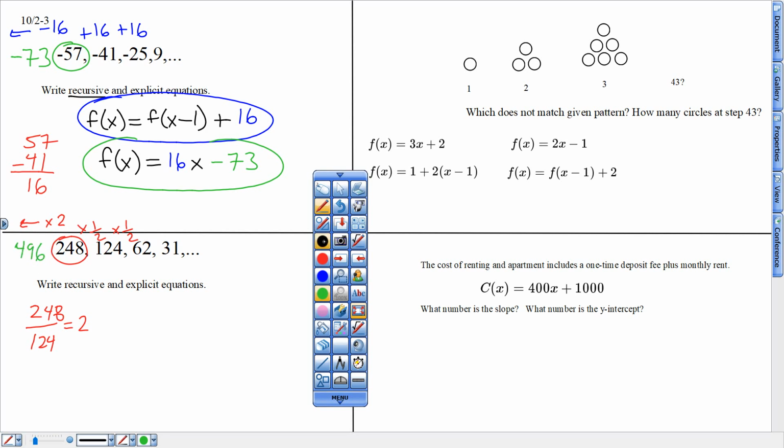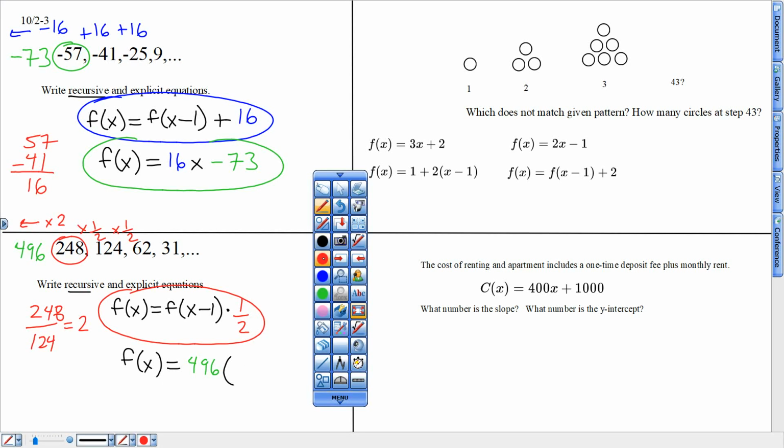So here we go. Recursive, f of x equals f of x minus 1 times that 1/2 right there. That's recursive. If I do explicit, I'm going to use that 496. I'm going to put in parentheses that 1/2, and I'm going to times that.